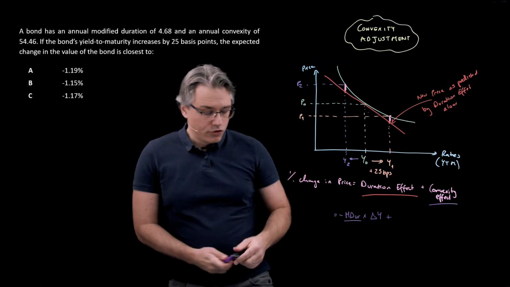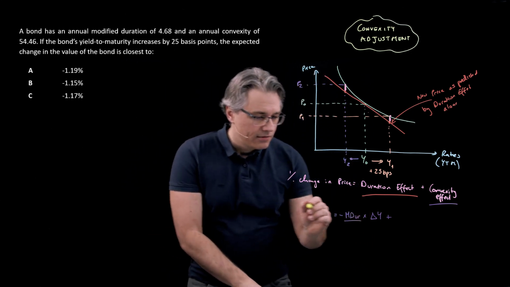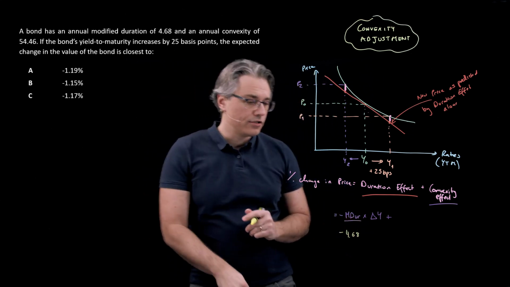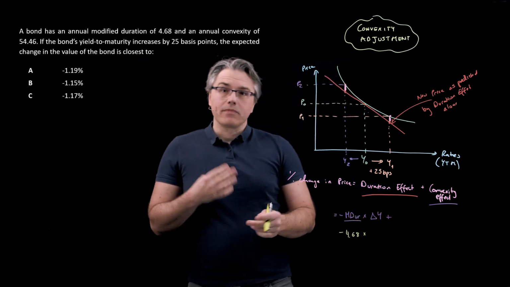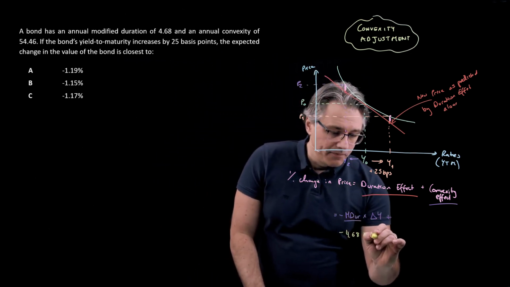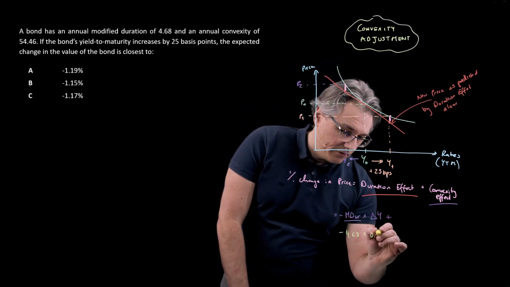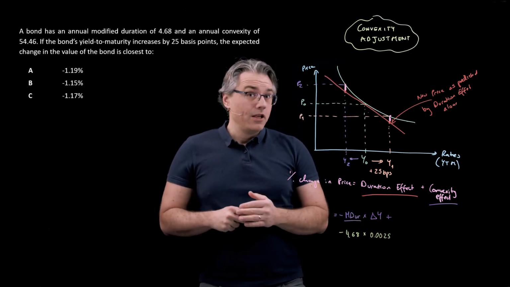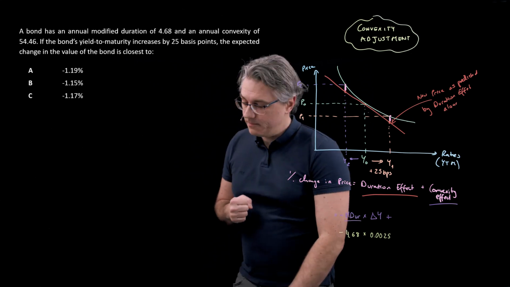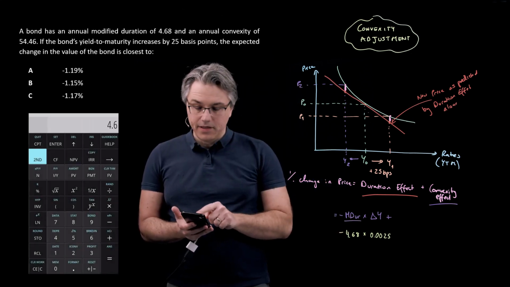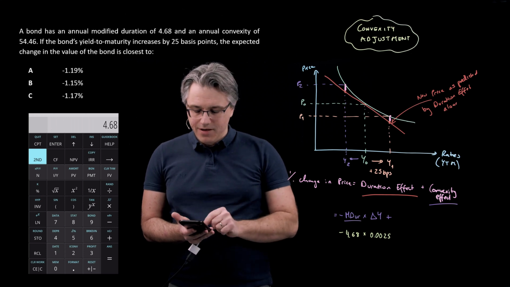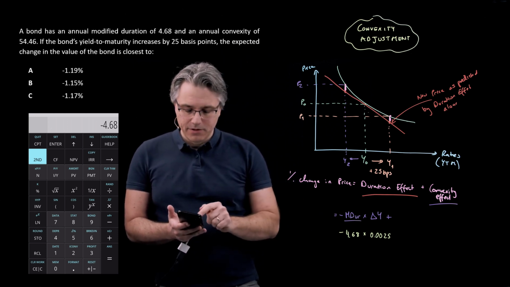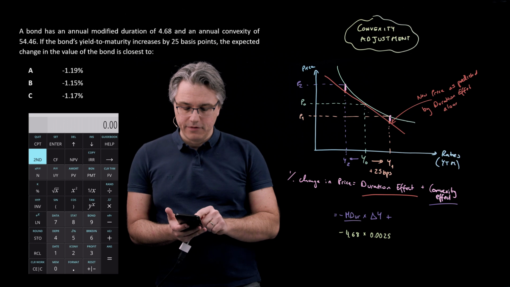But if we try to compute this very quickly, we're going to have a negative 4.68. I took the duration. Let's multiply this by 25 basis points, which is basically 0.25% or 0.0025 if we express this as a decimal. And if we do this, let's switch to the calculator. So 4.68 modified duration, let's put a negative sign in front of it with the plus minus key, multiplied by 0.0025.